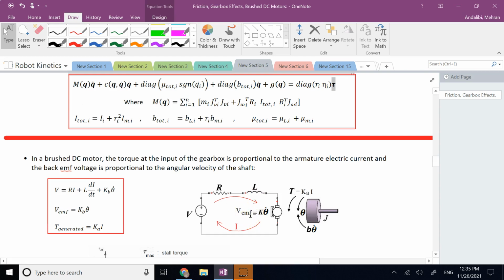The torque that a motor generates on the rotor is proportional to the electric current passing through the circuit.